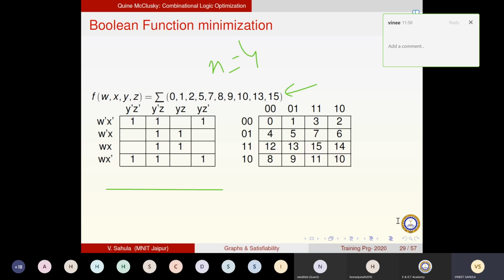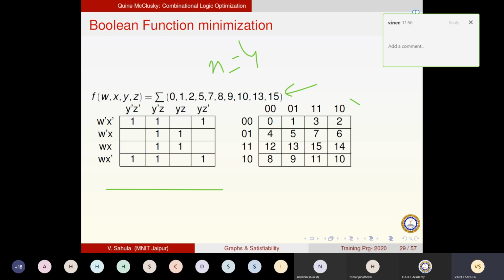When a function f is given in expression form, how do you convert it to a K-map? How many of you need help converting the expression form of a Boolean function into a K-map? I hope none. So you fill it up.